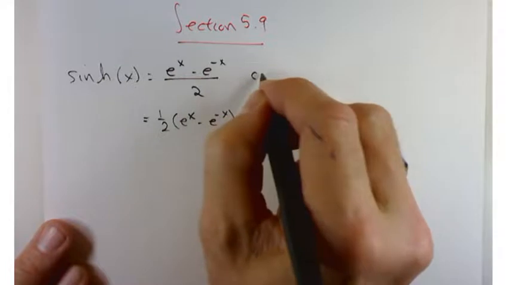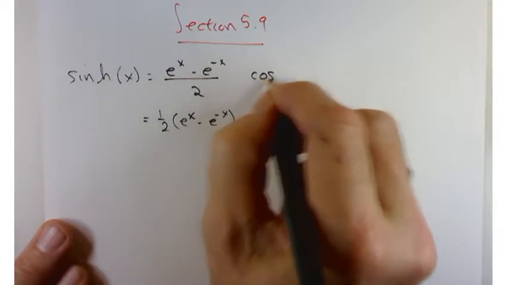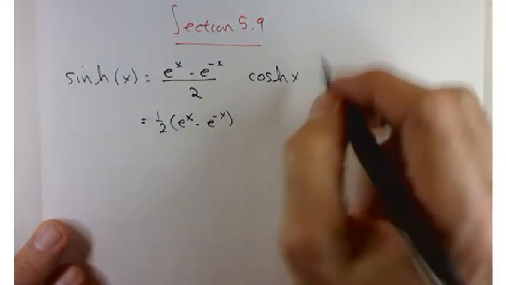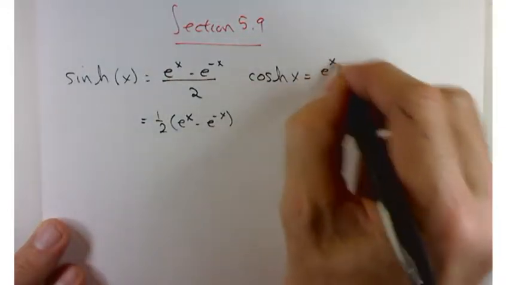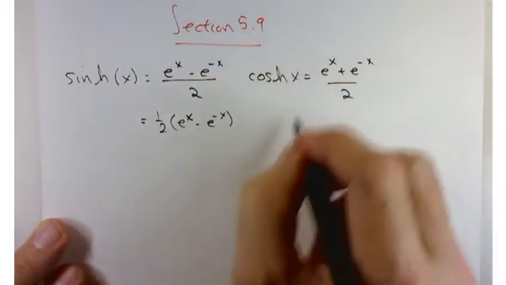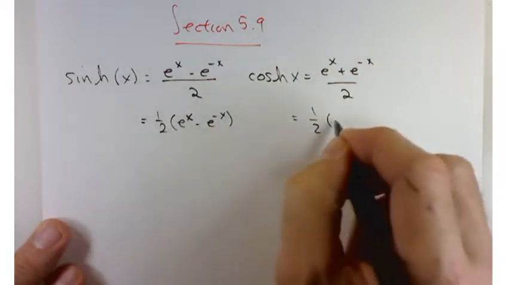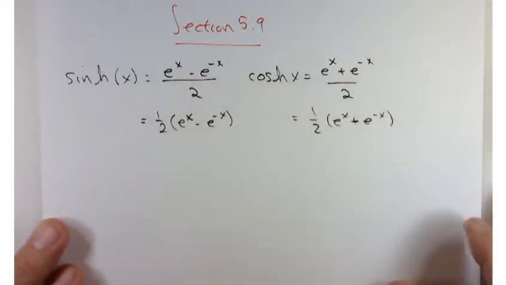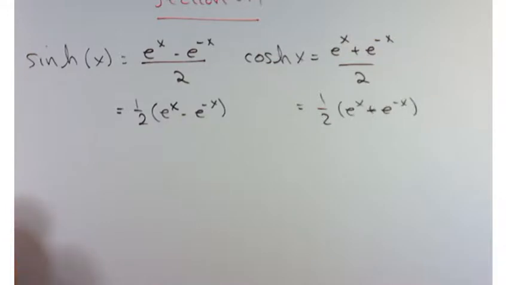A hyperbolic cosine is e to the x plus e to the negative x over 2. Or again, likewise, half of this. And those are the two that you need.